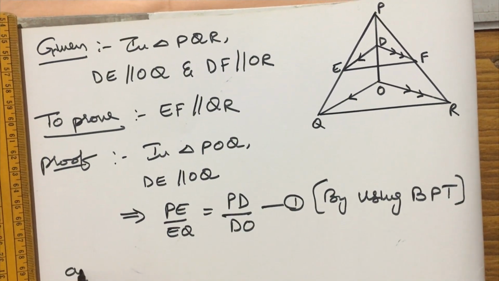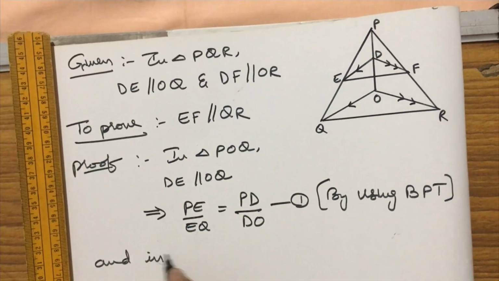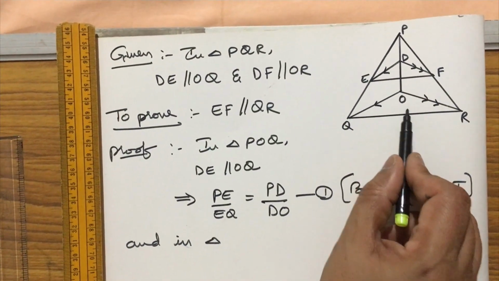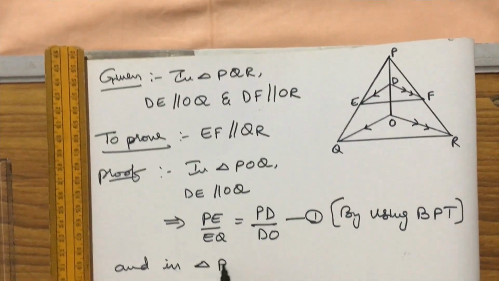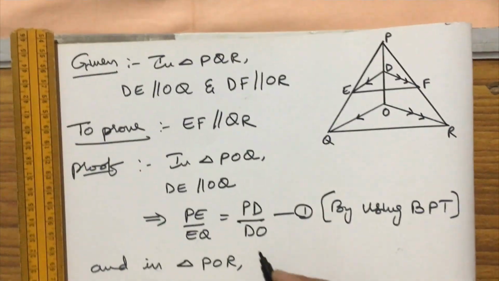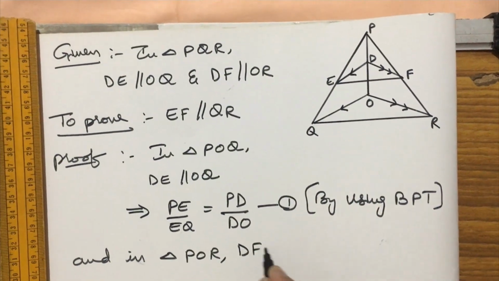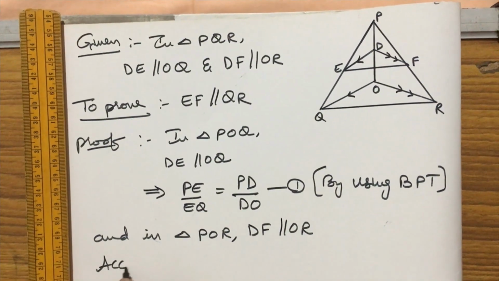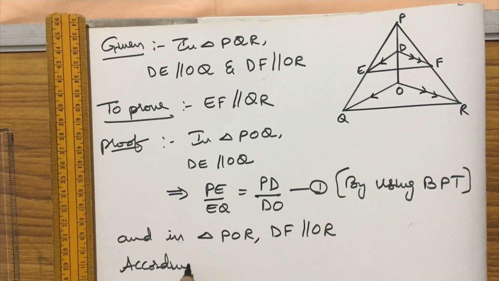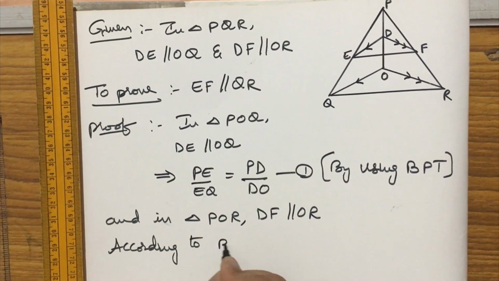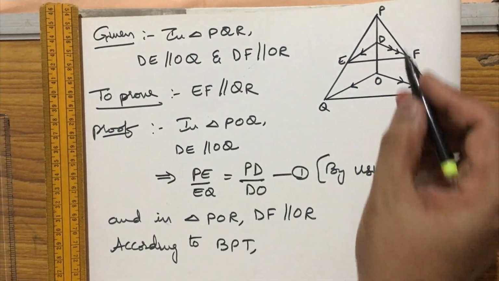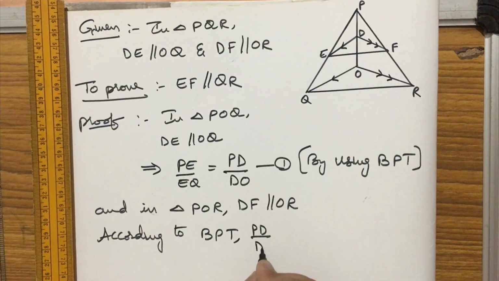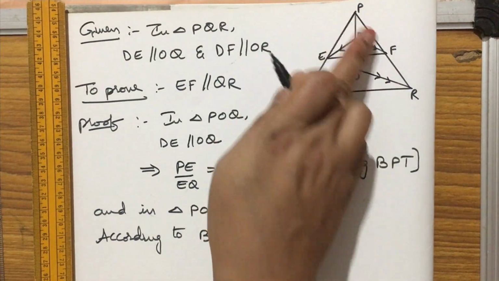And coming to triangle POR, in triangle POR, DF is parallel to OR. Again, according to BPT, you can write this PD by DO is equal to PF by FR.